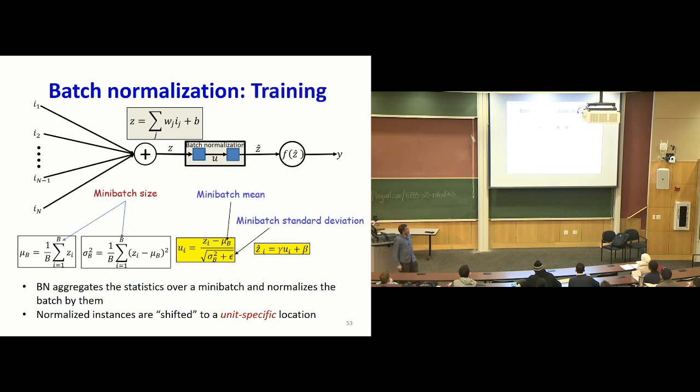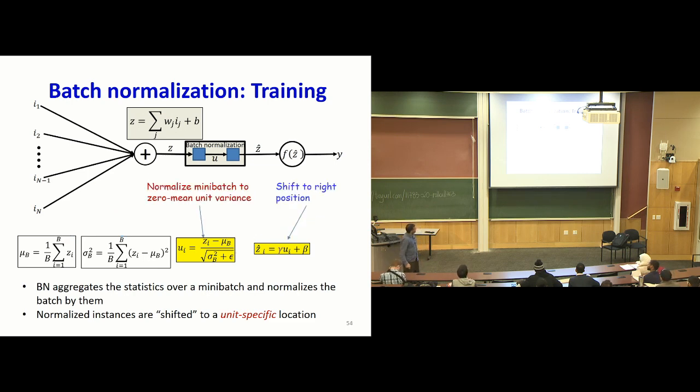First, you would be computing the mean of the mini batch, which is the average over the mini batch. You would be computing the variance of the mini batch, which is also the average over the mini batch. So the mean and the variance obviously go into normalizing the instances in the mini batch.